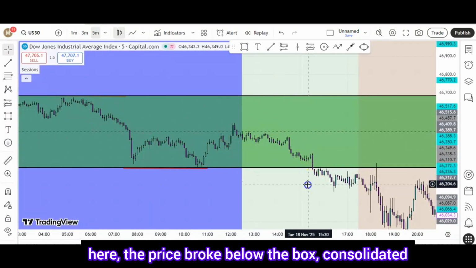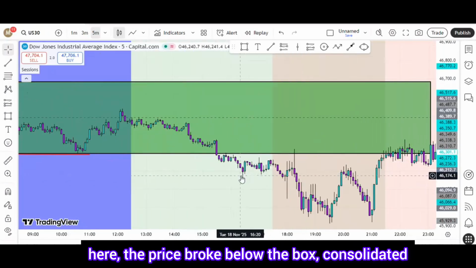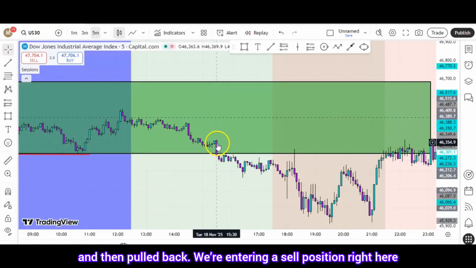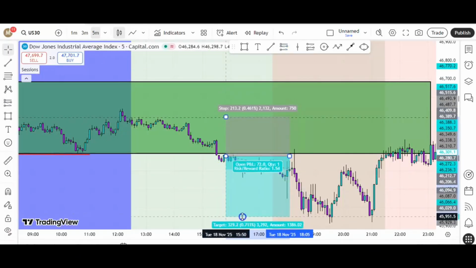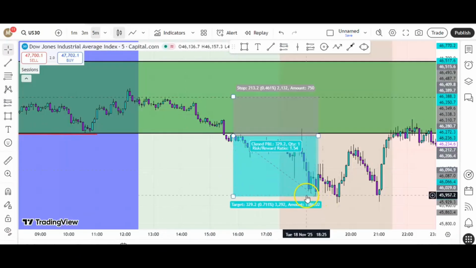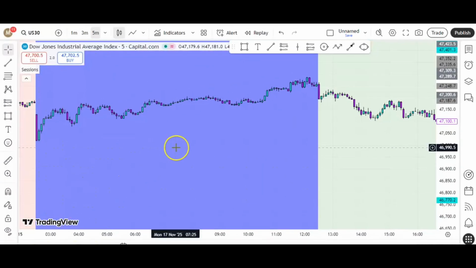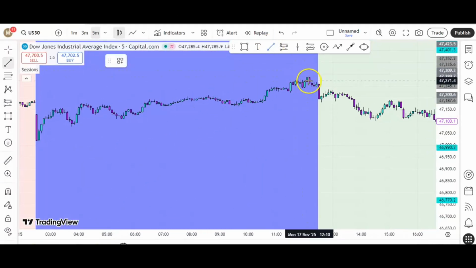Here the price broke below the box, consolidated, and then pulled back. We are entering a sell position right here. Draw the Asia box.